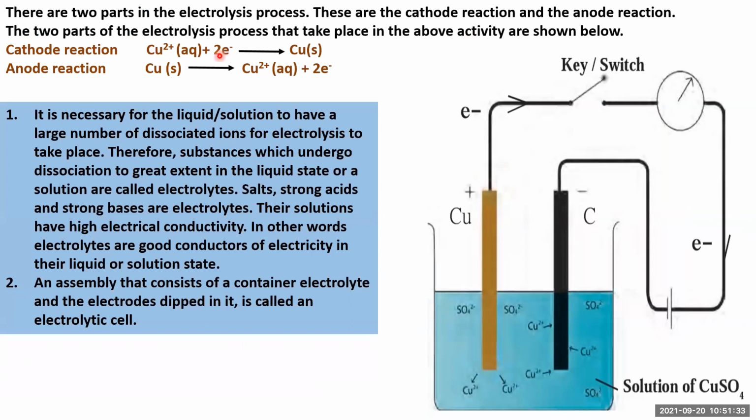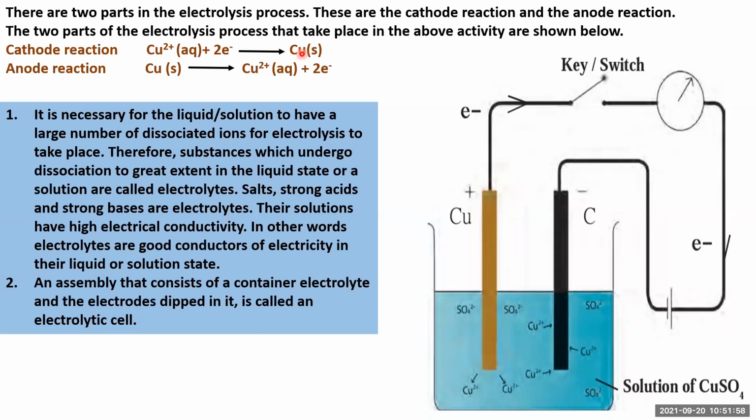The 2 electrons come from the battery's negative terminal, and the Cu2+ ions come out as the CuSO4 dissociates into the solution. The combination of Cu2+ and 2 electrons makes the copper ion neutral. Hence, you get the copper metal, the copper atom.